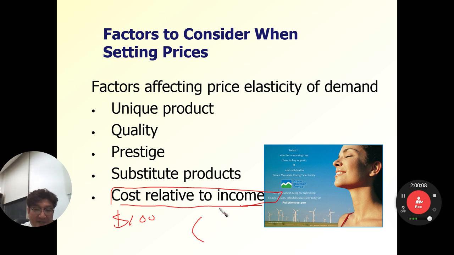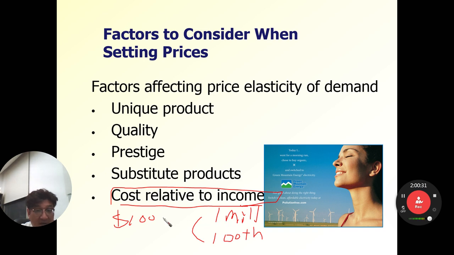Customer A's income is 1 million. The second customer's income is 100,000. Cost relative to income: it is the same cost, $100.